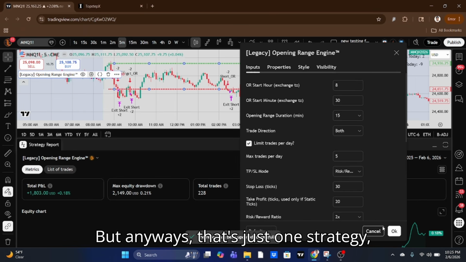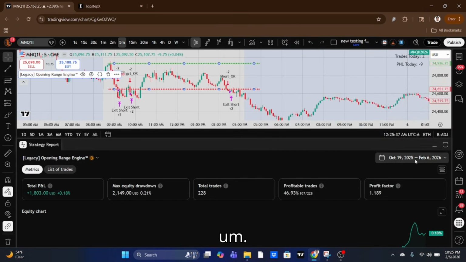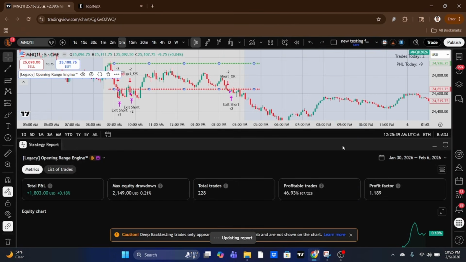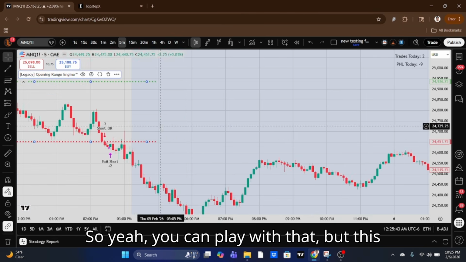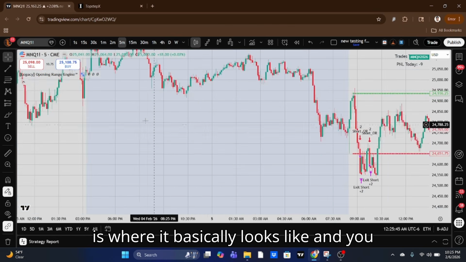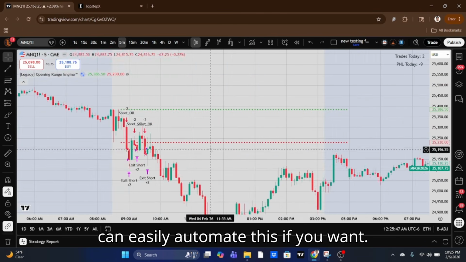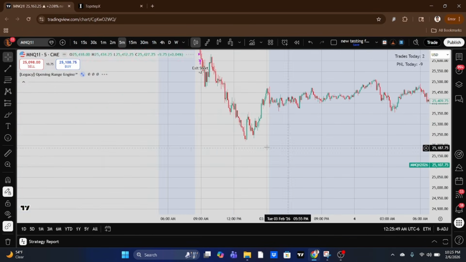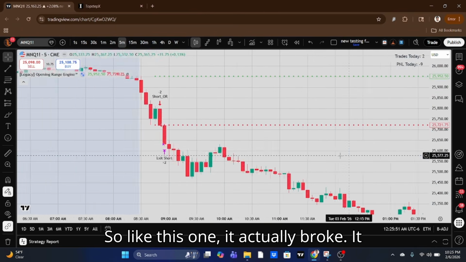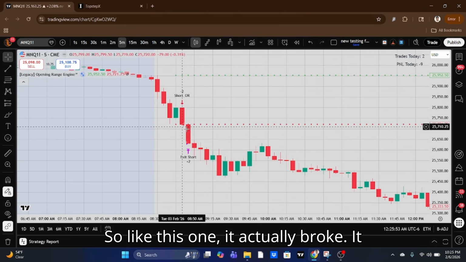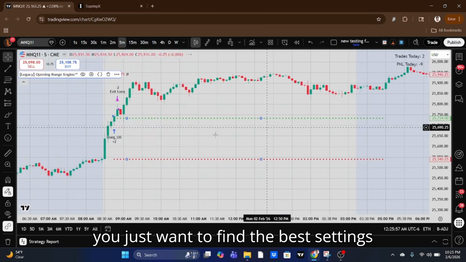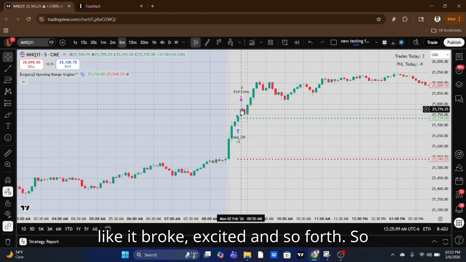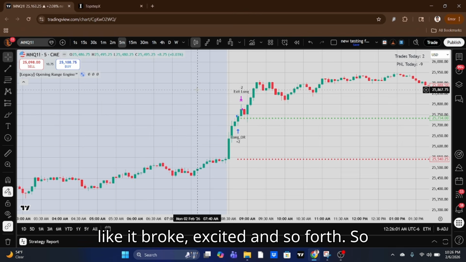But anyways, that's just one strategy. So yeah, you can play with it. But this is what it basically looks like, and you can easily automate this if you want. So like this one, it broke, took a long trade, exited. So you just want to find the best settings. Like it broke, exited, and so forth. So yeah.